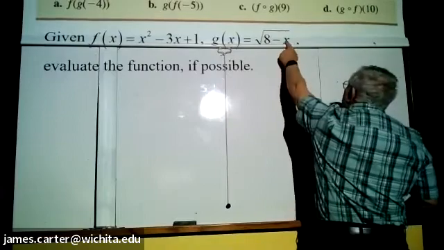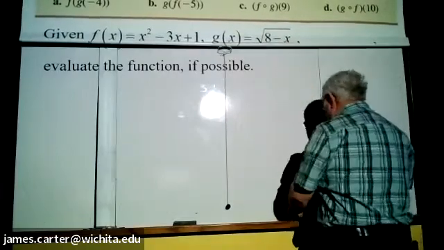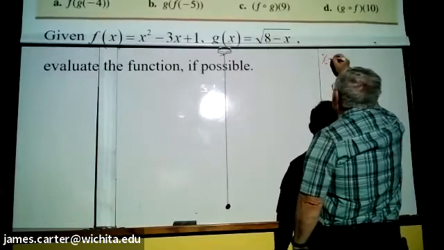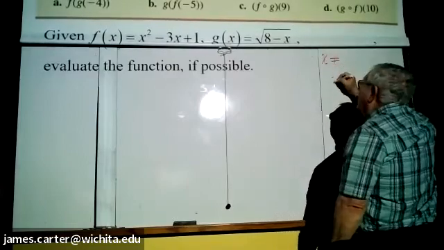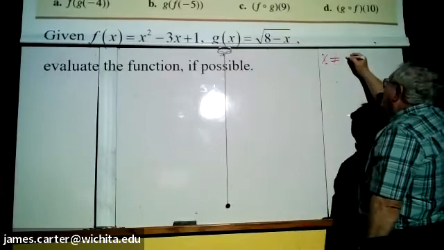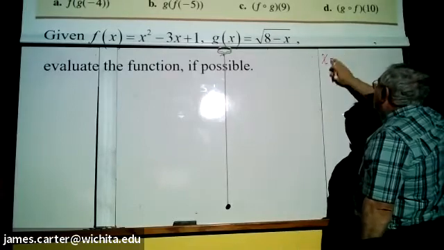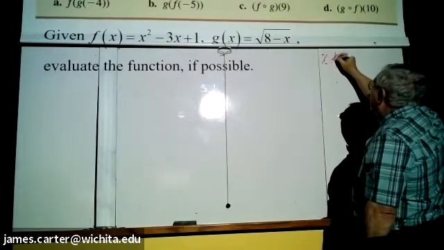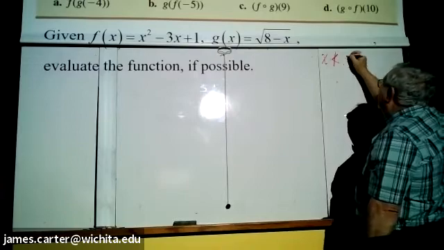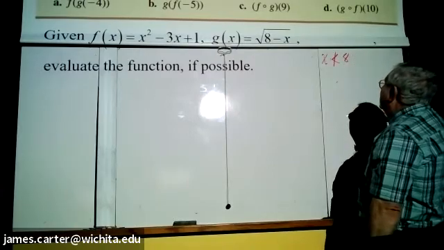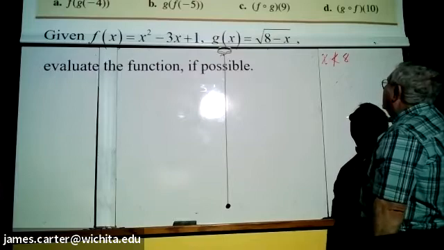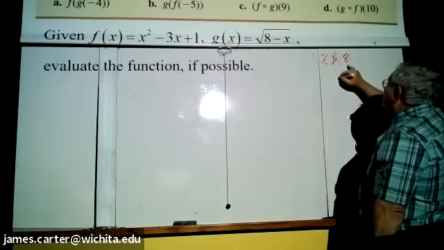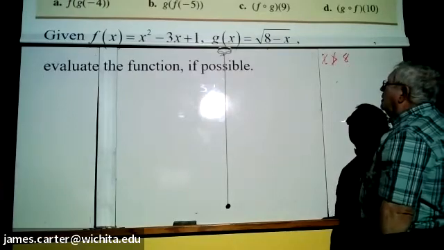We got to do a domain check up here also. X can't be any number bigger than 8. And I said that backwards. X can't be anything bigger than 8. Why?